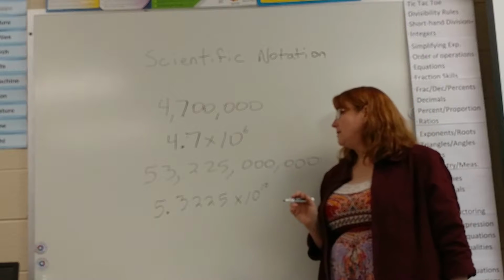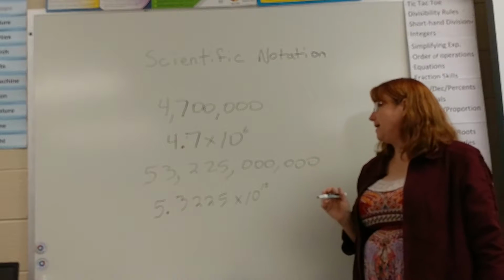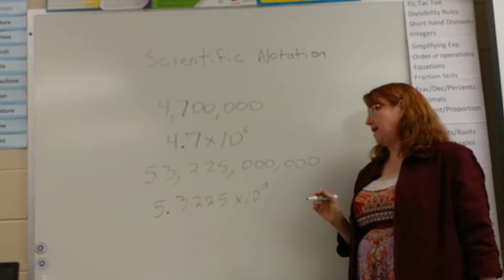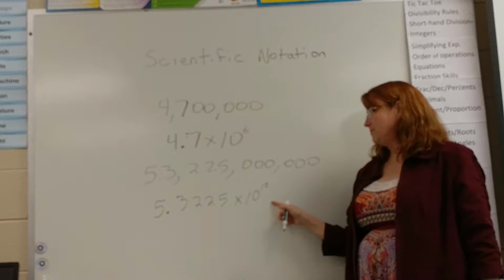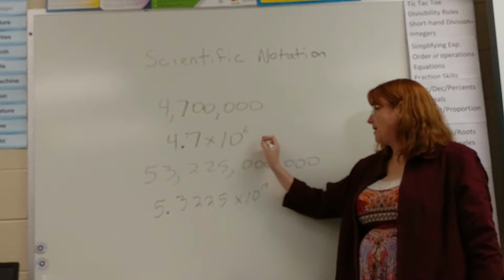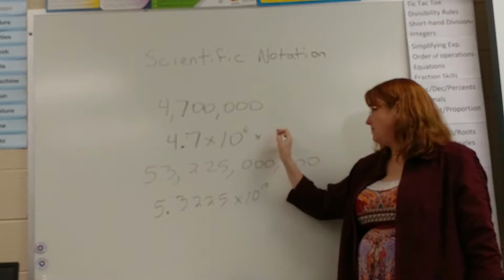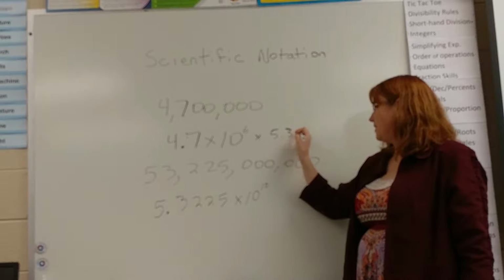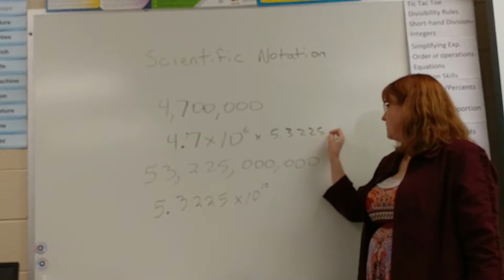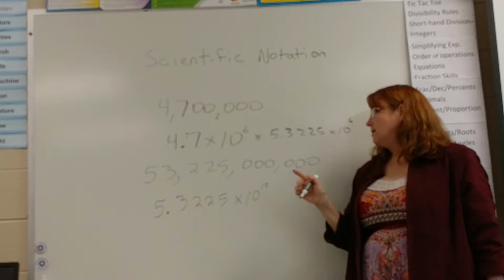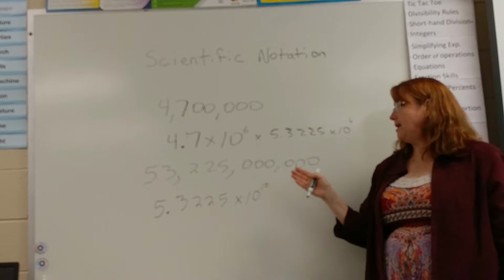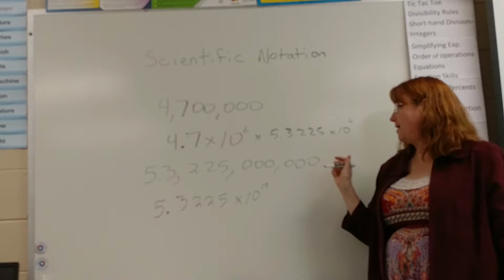If I am multiplying numbers together, let's say I wanted to multiply these two numbers together, I could put them side by side, and this is saying 5.3225 times 10 to the 10th, times 4.7 times 10 to the 6th. I can now use my commutative property, and it doesn't matter the order I multiply in.